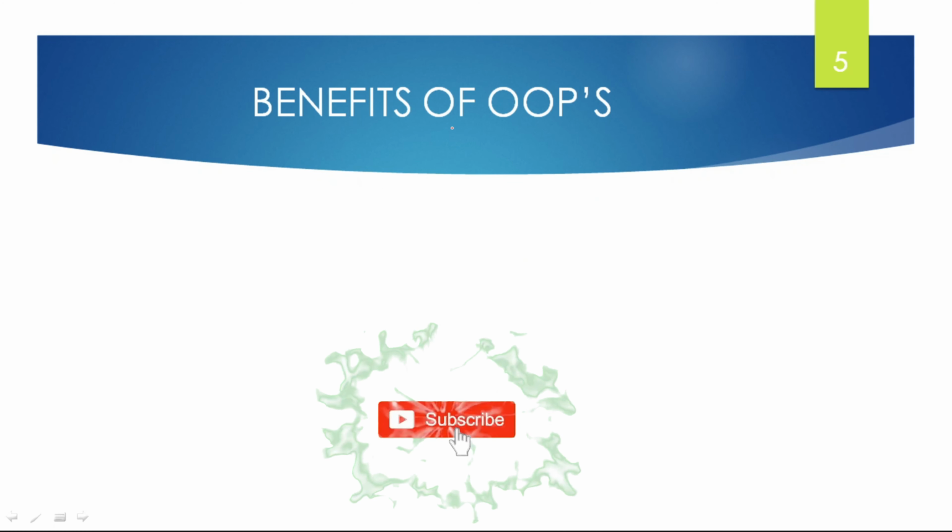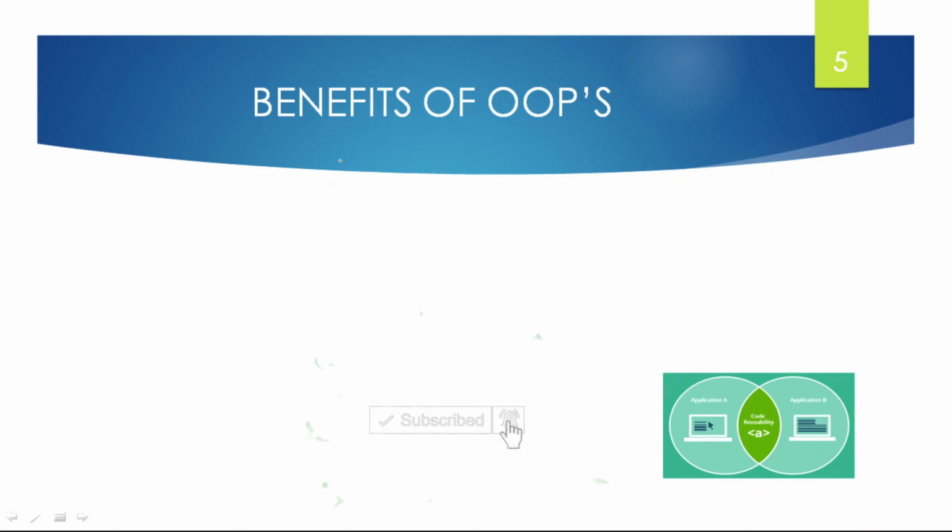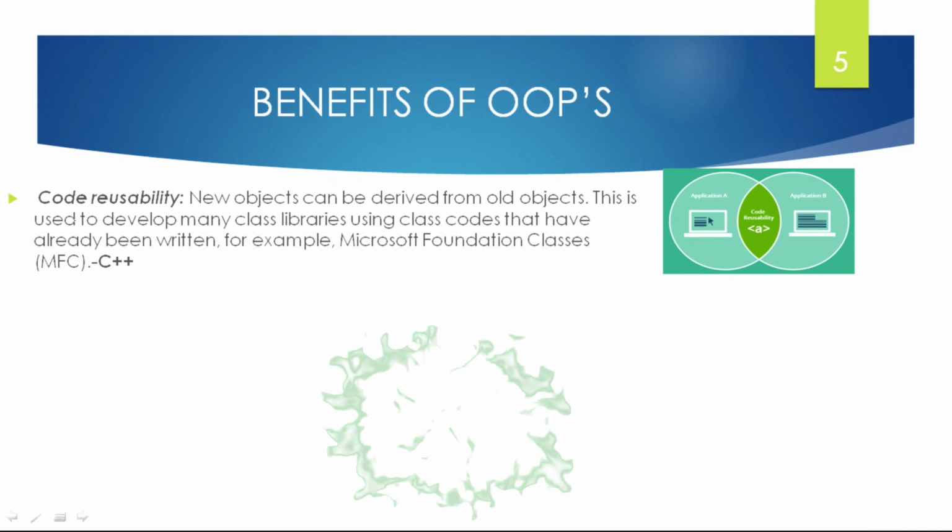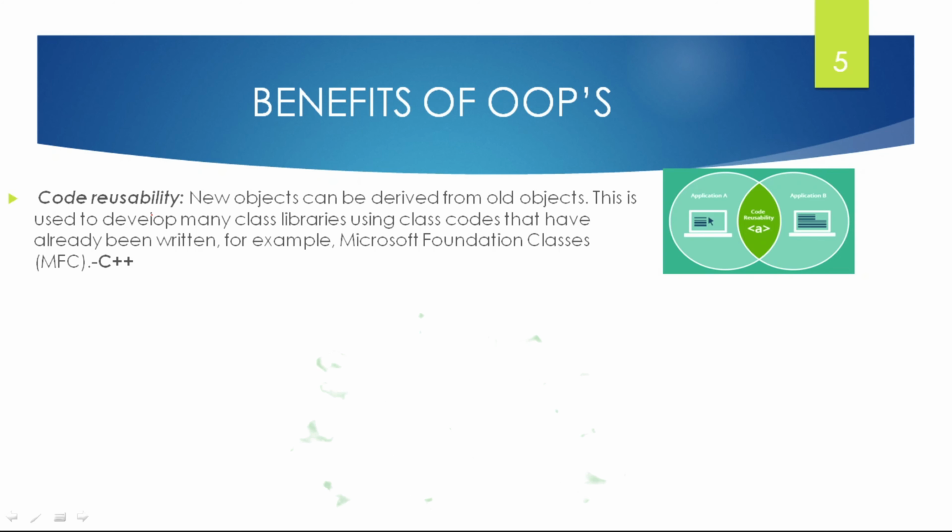So coming to the next slide, what are the benefits of OOPS? The first benefit is code reusability. New objects can be derived from the old objects. If you are creating a new object, we can use the old objects in place of the new objects.